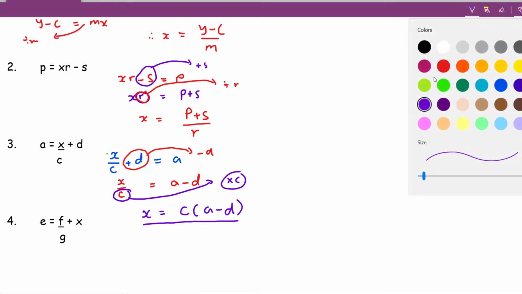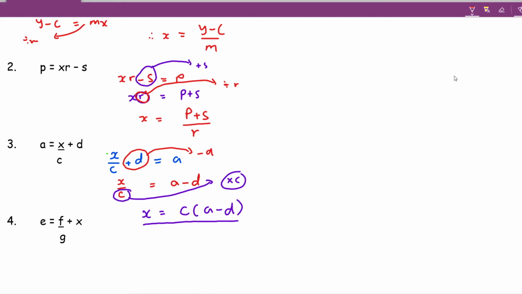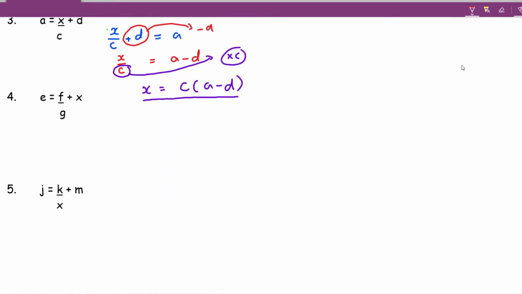Okay, so let's scroll down to question 4. Again, I'm going to rewrite this one quickly. So I'm going to get x plus f over g is equal to e. Now don't forget f over g is just a number, it's just a fraction.